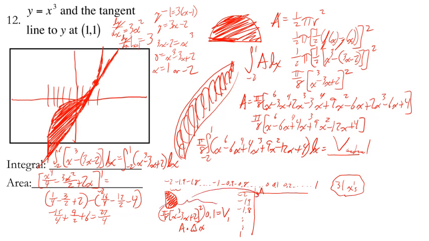Then each one is going to be multiplied by 0.1 because that's how thick my slices are. So I'm going to find the volume of each one. Okay, and then I'm going to add them up, and when I add them up, that's going to give me my approximate volume.